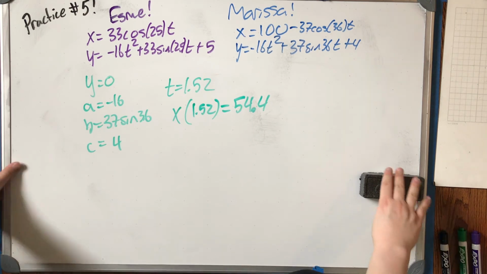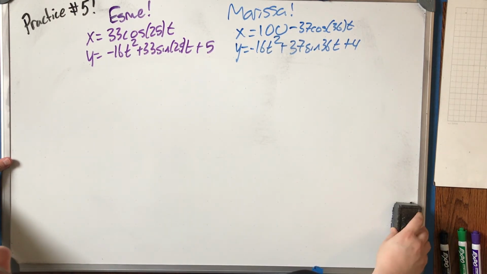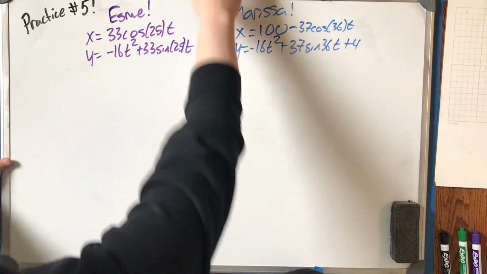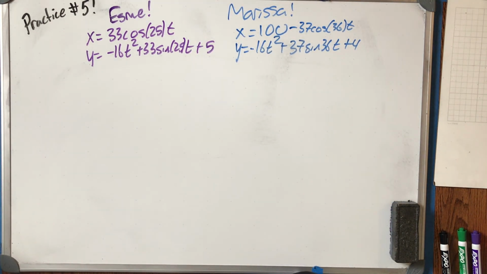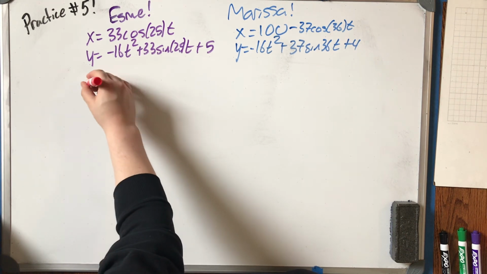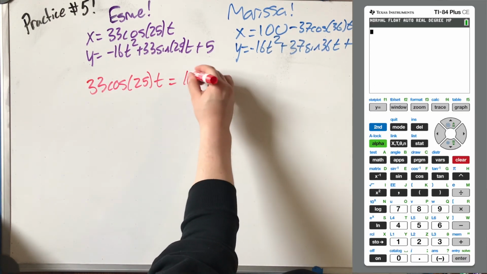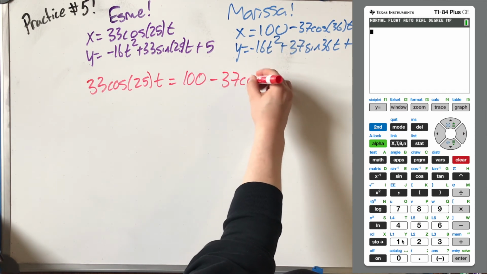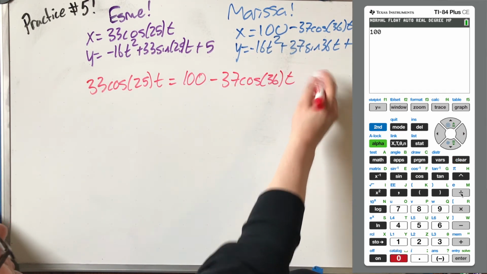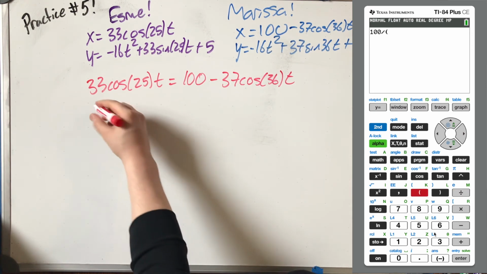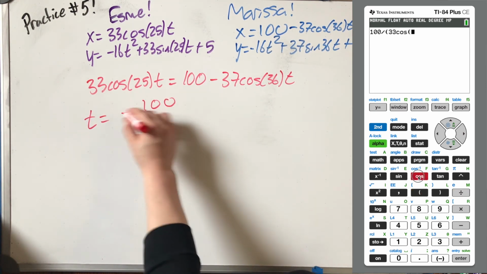Last but not least, we want to know, will their Frisbees happen to collide? I think we actually could figure out that this isn't going to work out based on the numbers that we've already done and where they've landed, but that's okay. Let's just go through the motions here. So I'm going to set the x equations equal to each other, just like we've been doing, and then I will try to get all the t values on one side by adding this to the other side, and then I will factor t out all in one step.